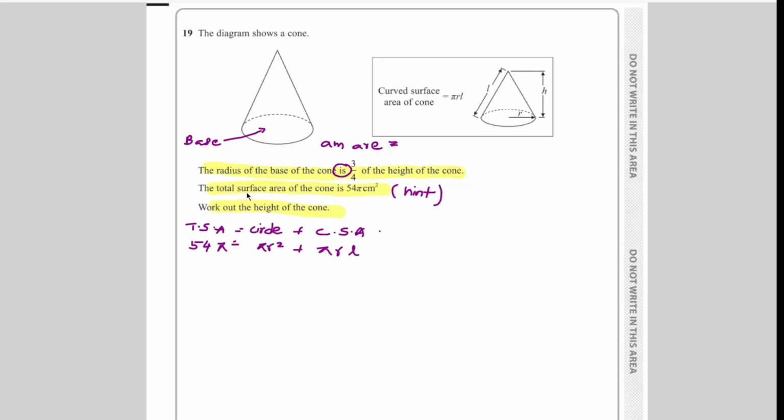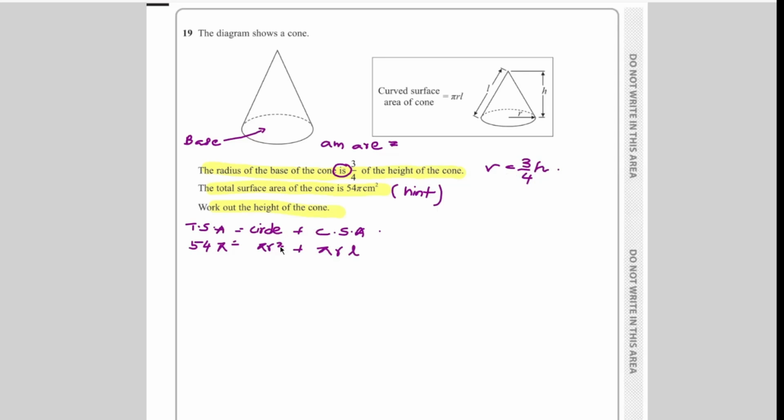So let's convert this one. The radius of the base of the cone is, then r equals 3/4 of the height. Wherever you get r, we can interpret this, because we need to get what h is, we need to exclude r in our equation.